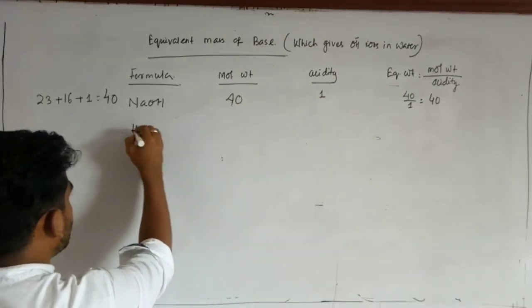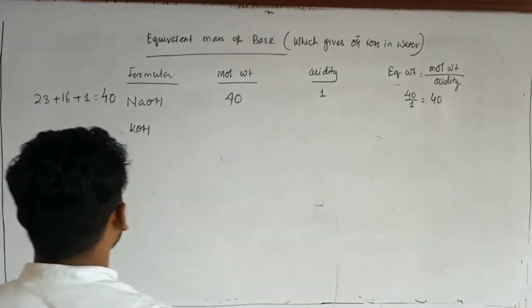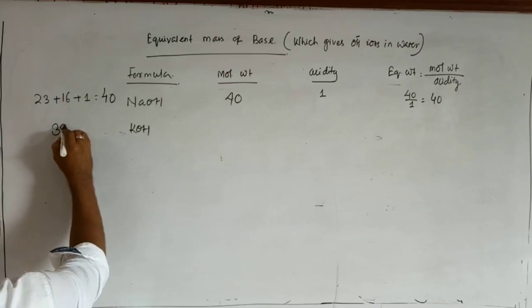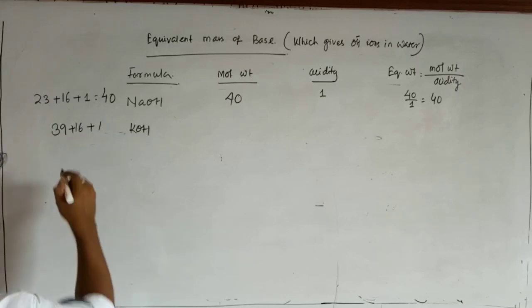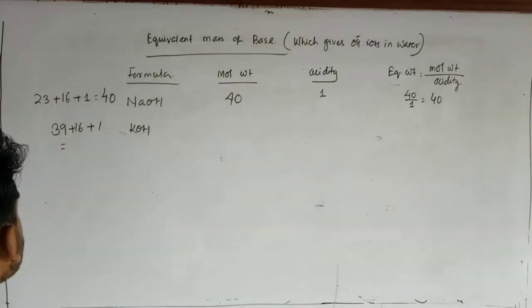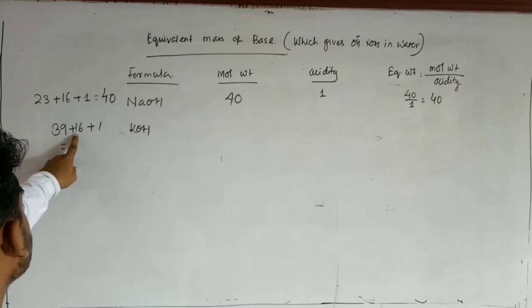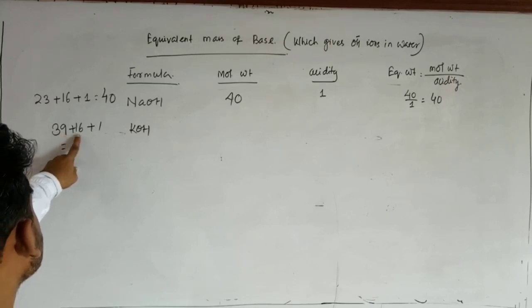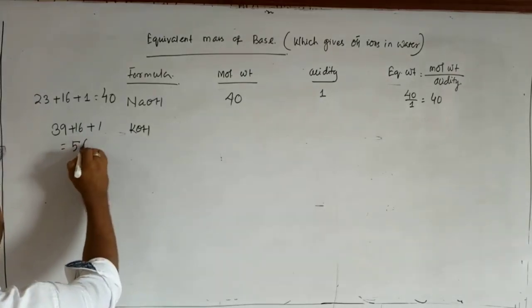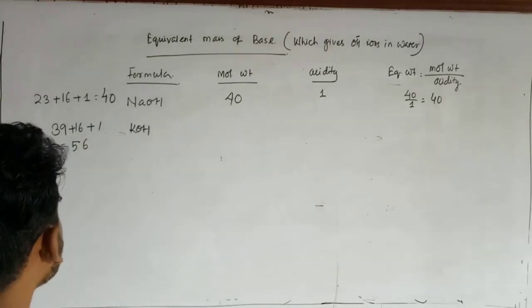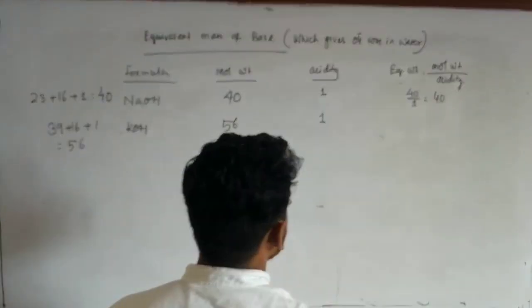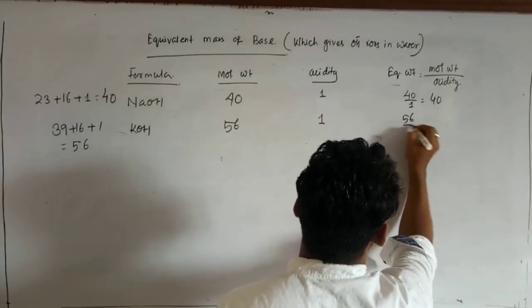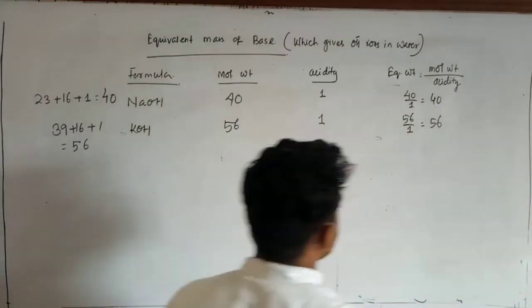Similarly for KOH, molecular weight: potassium 39 plus 16 plus 1, that is 56. Acidity again 1, so 56 upon 1 is equal to 56.